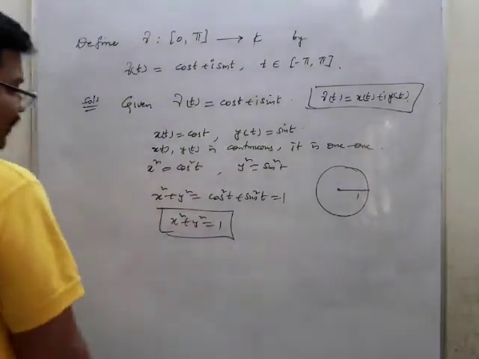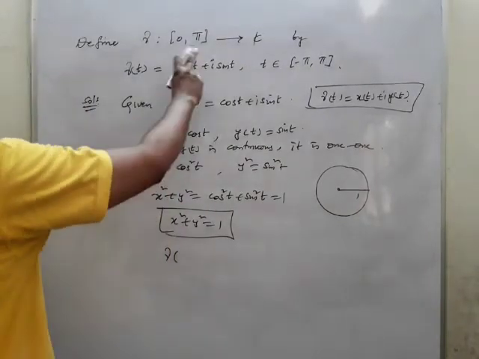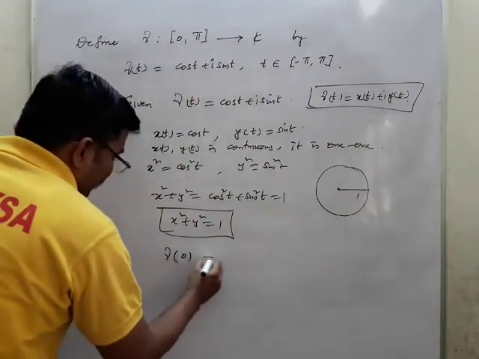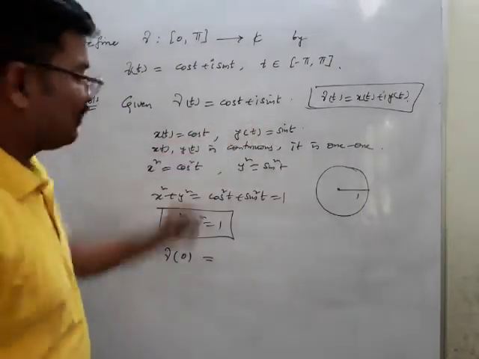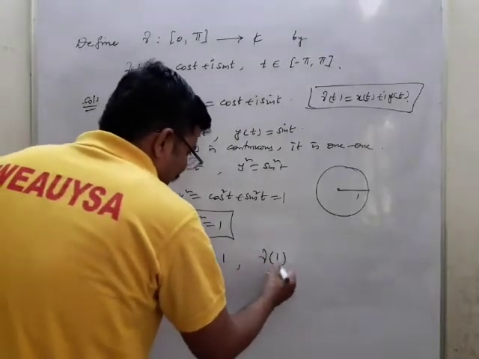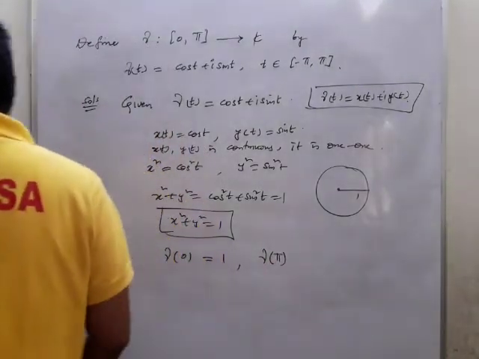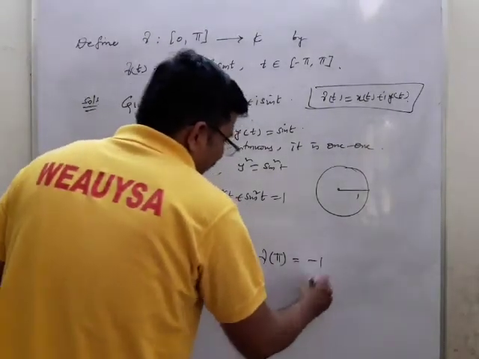Now this is the circle we got. Now we'll try to check gamma of 0. Gamma of 0, cos 0 is 1, sin 0 is 0, so gamma of 0 is nothing but 1. Gamma of pi, what is that? Gamma of pi you get as minus 1.